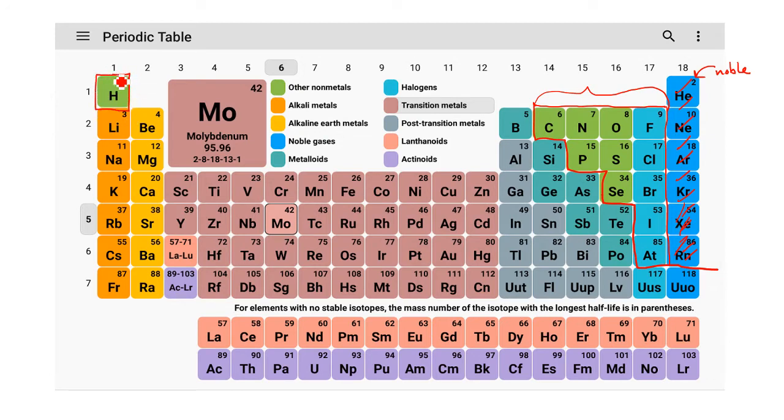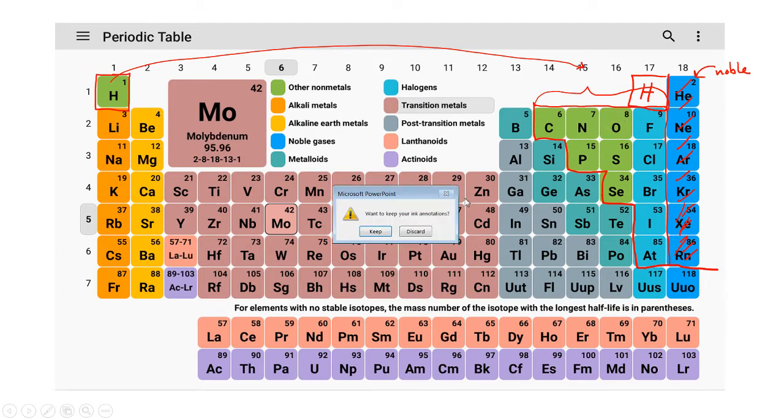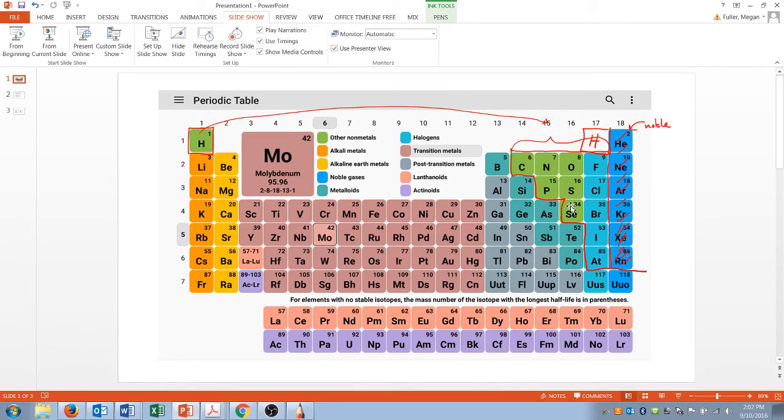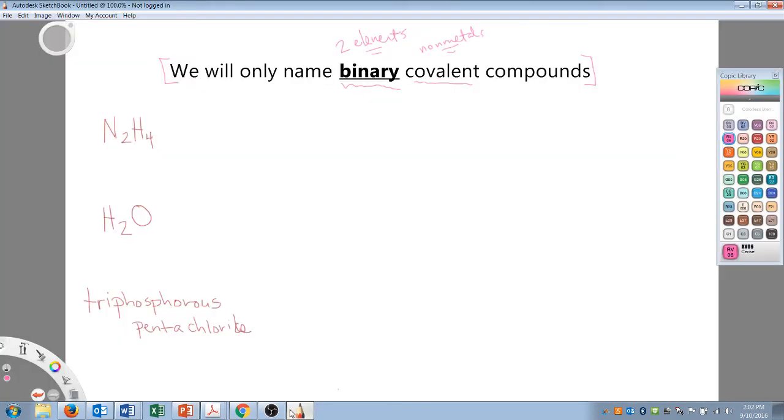For the purpose of figuring out if it's covalent, we can imagine that he actually has a little home where he sits over here next to helium sometimes. So we'll allow him to sit in our minds right here so that he can be included in this non-metal corner. Okay, so that's where the non-metals are, and we're going to need to always remember that when we're looking at these things that we're trying to name.